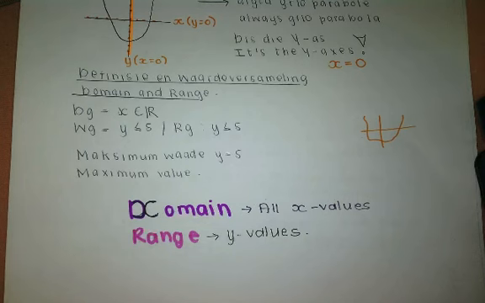That q is the y-intercept, the turning point. Okay? We've got two x-intercepts for a quadratic. We've got an axis of symmetry, which is the x equals 0 line. Then we've also got a maximum or a minimum, depending on which way your graph is going. A sad or a happy.